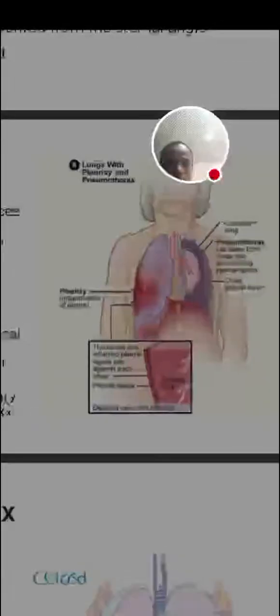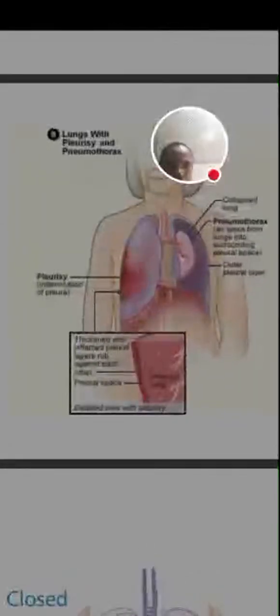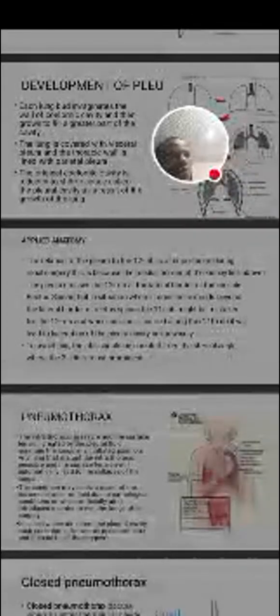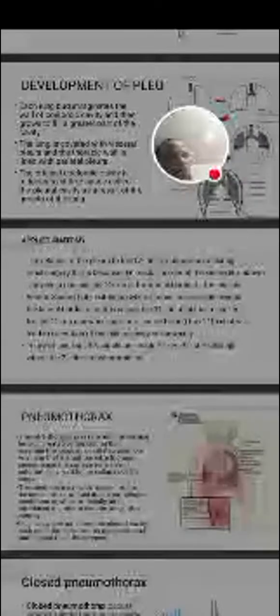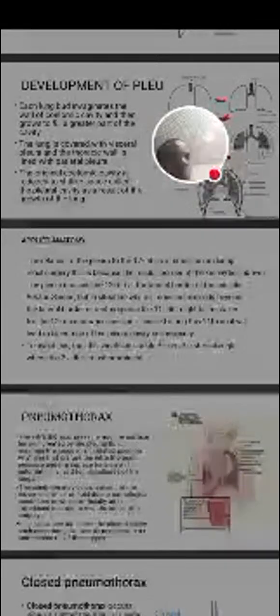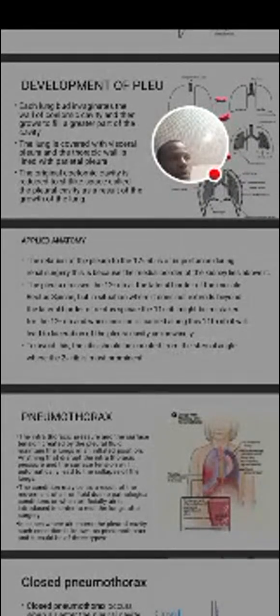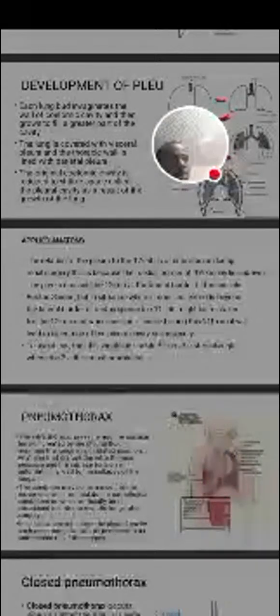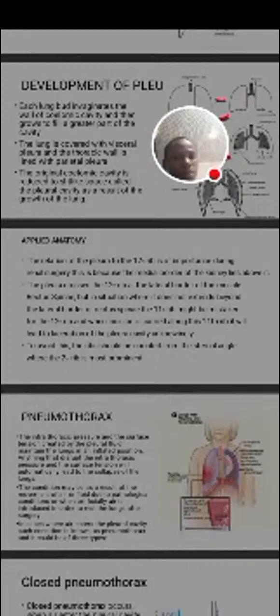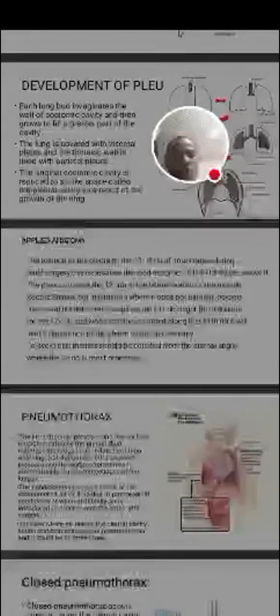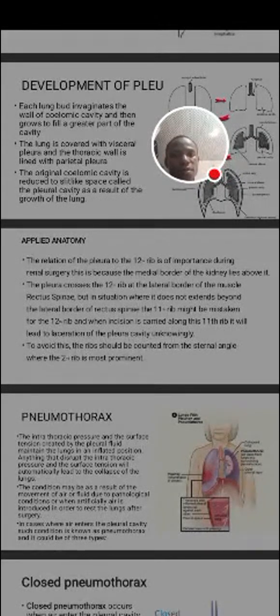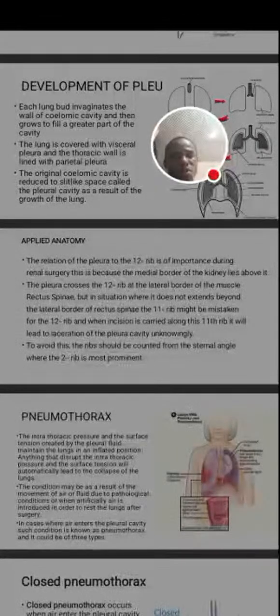The pleura crosses the 12th rib at the lateral border of the muscle erector spinae.